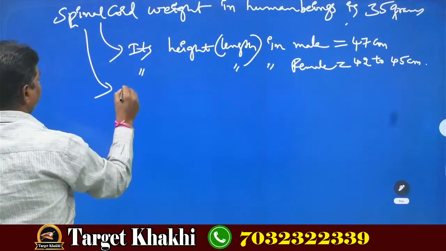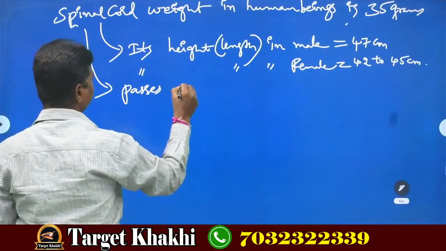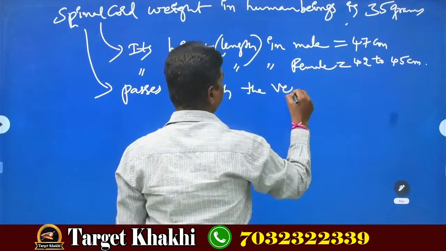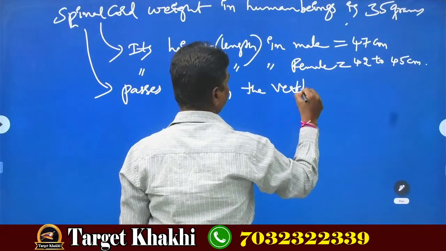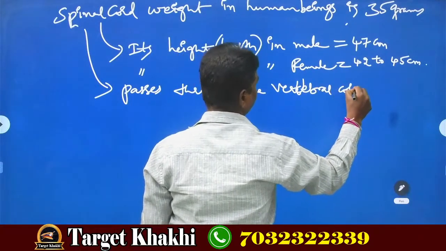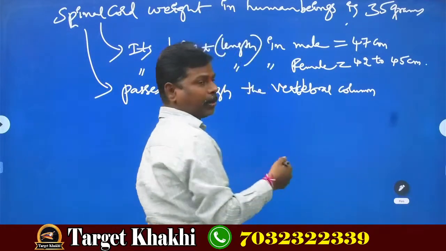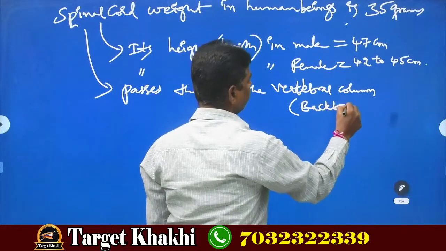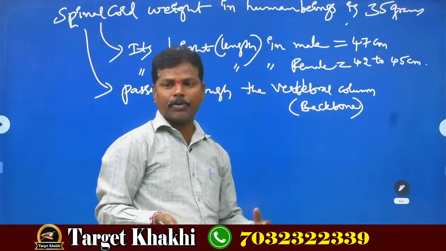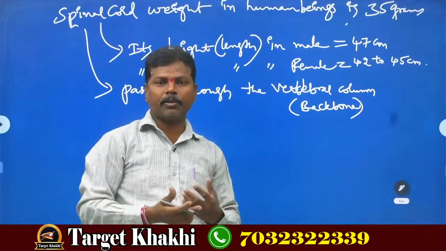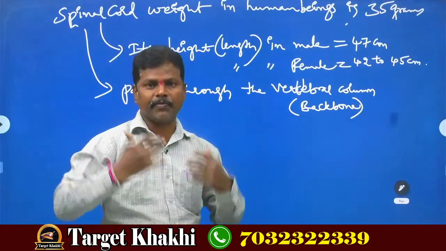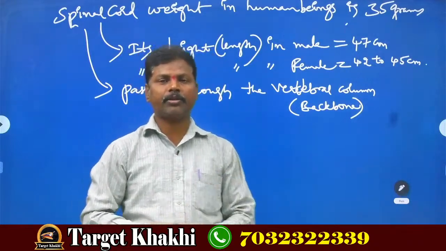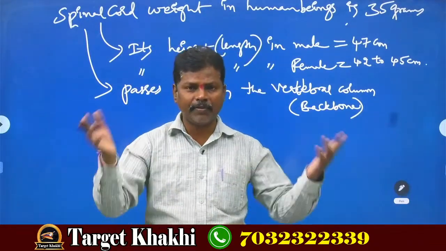The spinal cord passes through the vertebral column. Vertebral column, another name is backbone. And what is backbone? The backbone forms a skeleton in our body and it gives support to the entire body to stand, to sit, to bend, or to do any work.